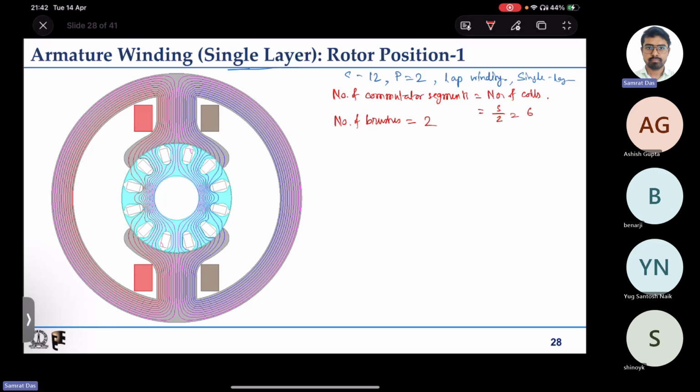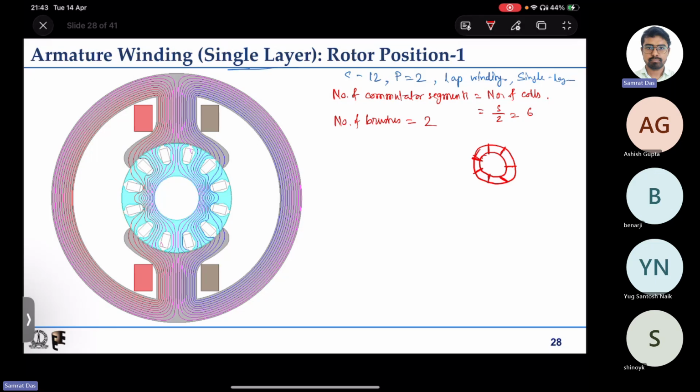The commutator is one cylindrical body made of copper, something like this. It will obviously have some length along the axis, and it will be made up of copper, and there will be some insulation between two subsequent segments.